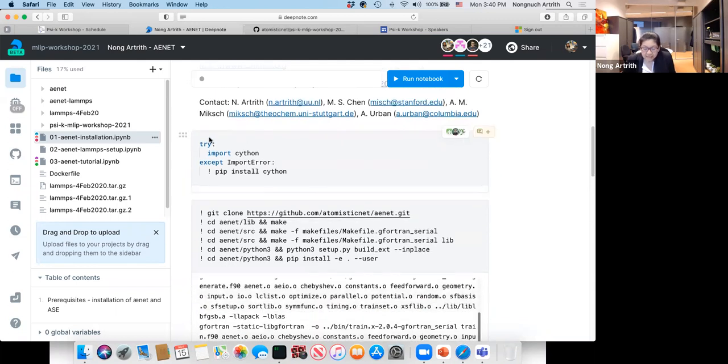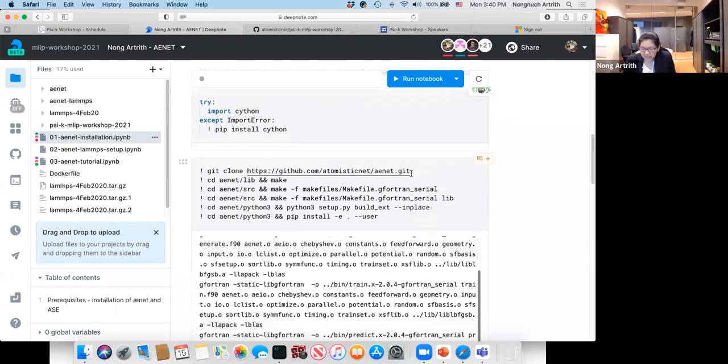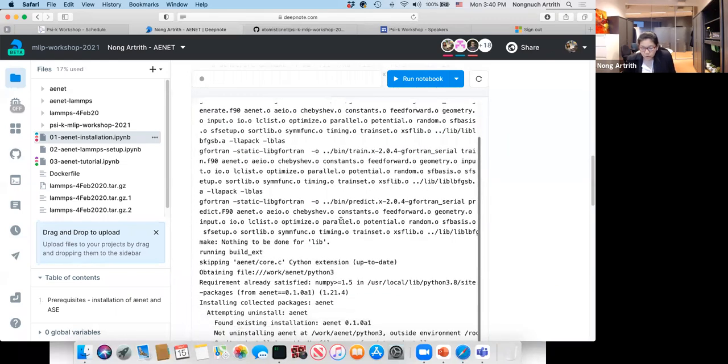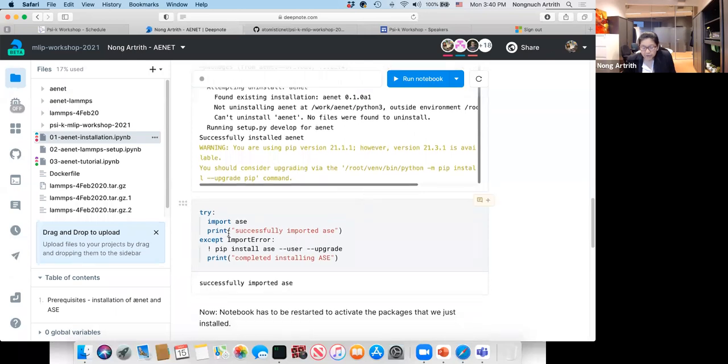So this is basically just install, and you just import some Cython and install Cython. And then we have some links to download ANET and also to compile ANET. Here, everything is already done, and it shows how everything works. And then later, you can also import the ASE that we can link and use.